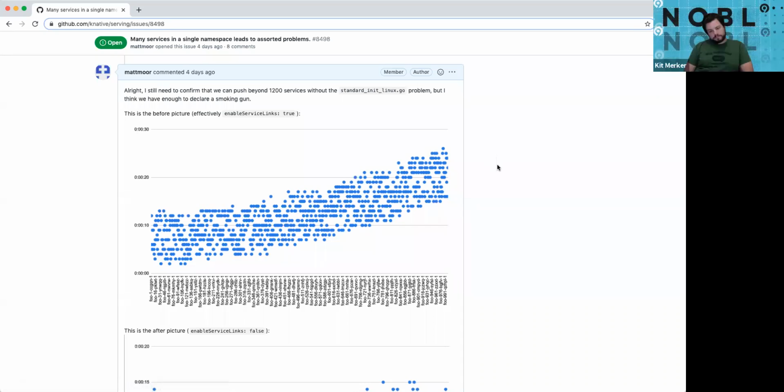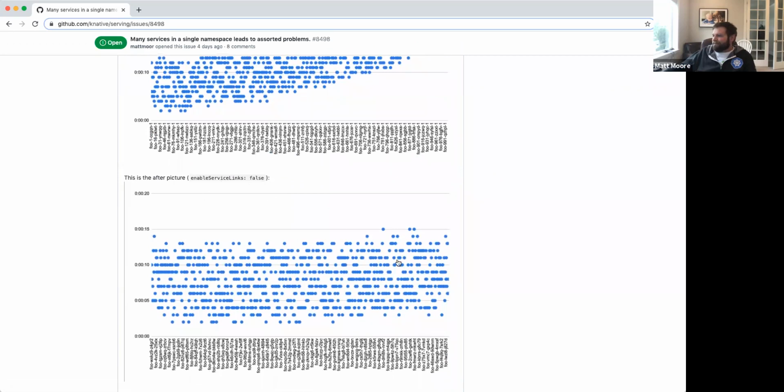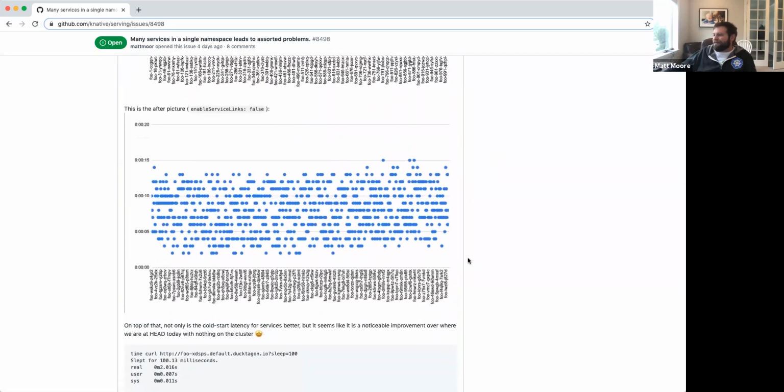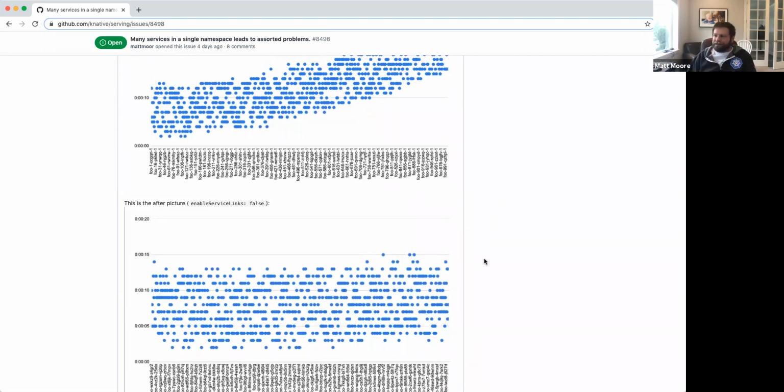So I started to dig in, and we discovered this service links thing in Kubernetes. It's a feature that was added to Kubernetes ages ago to compete with Docker links, one of the early service discovery mechanisms. What it does is it sticks environment variables into your container for every service in your namespace.